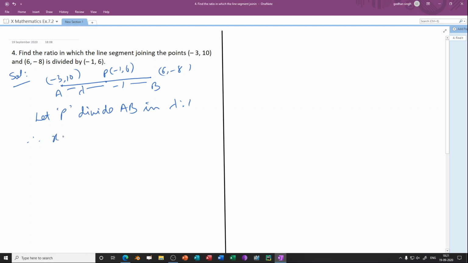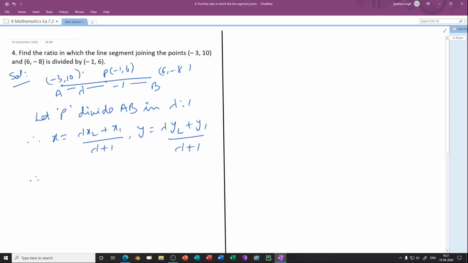So we have x equal to lambda into x2 plus 1 into x1 over lambda plus 1, and y equal to lambda into y2 plus y1 over lambda plus 1.